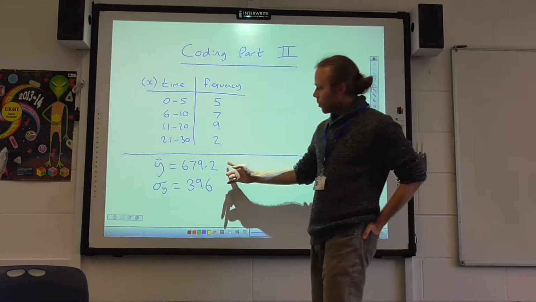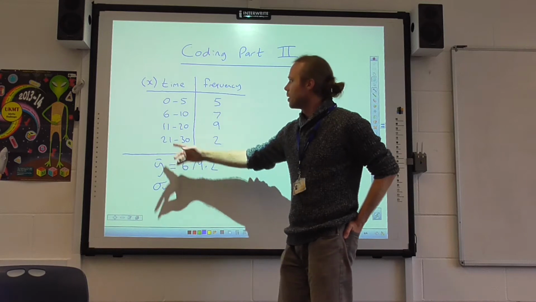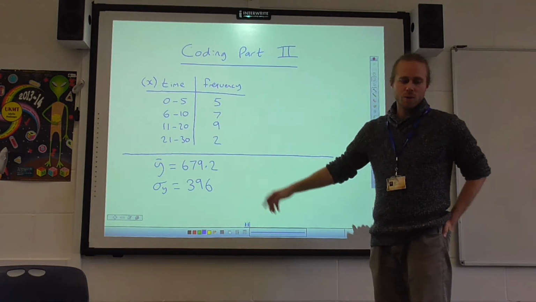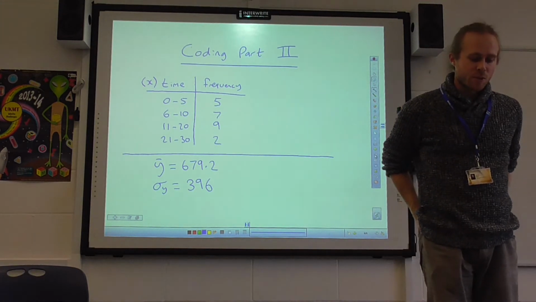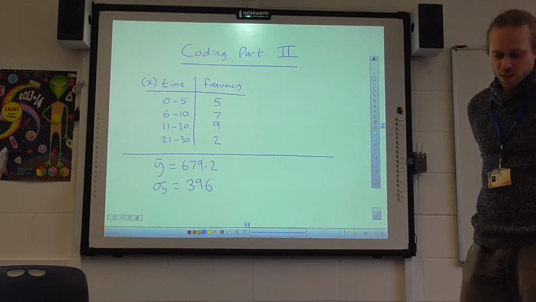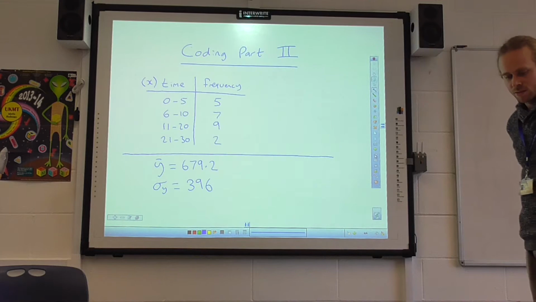However, what we've been told is some data for a variable y. So this is for x, and this is for y. Now what you've been told is that the data has been coded so that you've been given the mean and the standard deviation for the time in seconds.